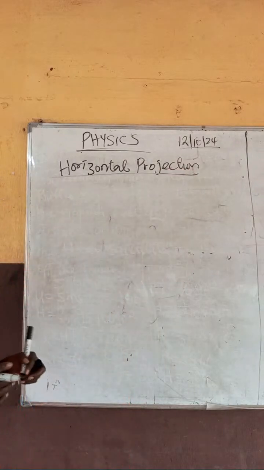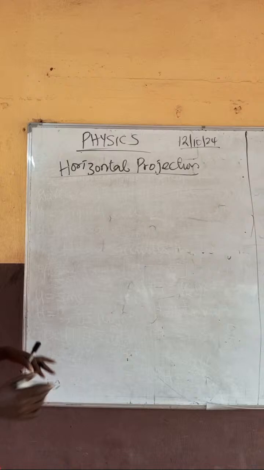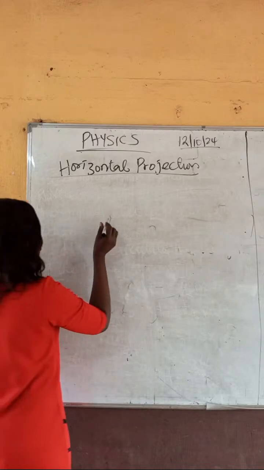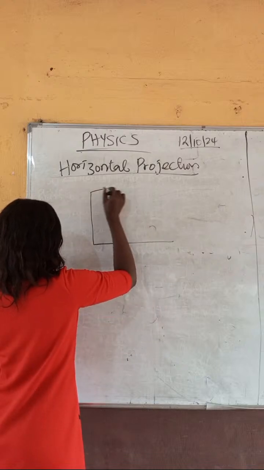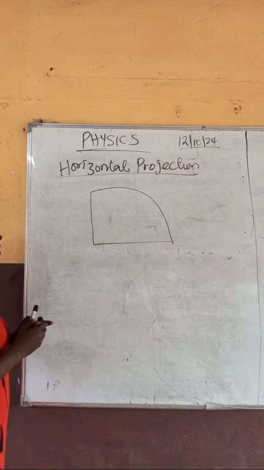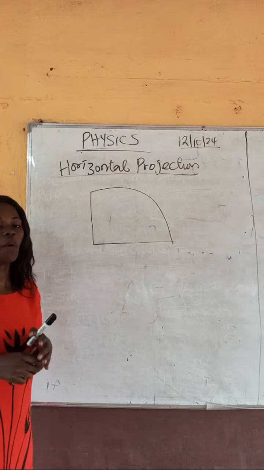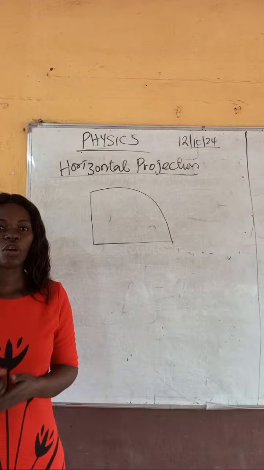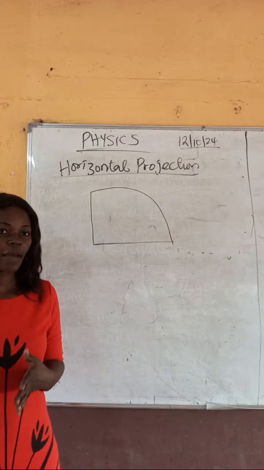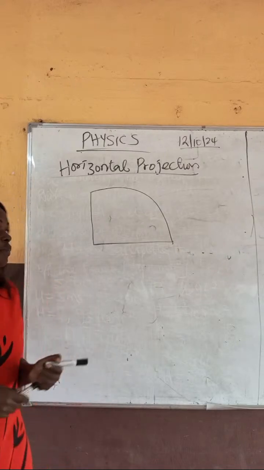Okay, so I said before, and I want to explain it again for someone that says he does not understand. For horizontal motion, we are considering from here to here, right? And in horizontal motion, the object is being projected from a certain height. That means it's no longer the normal projection that we used to do.